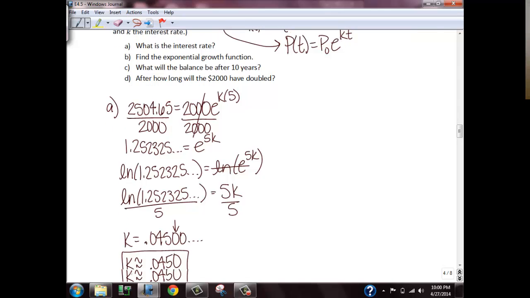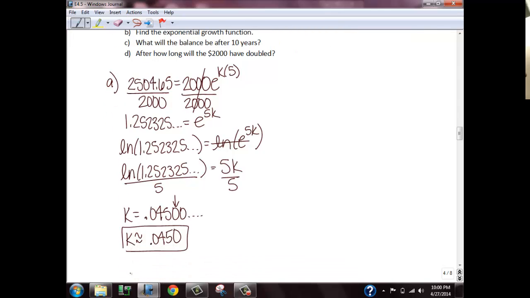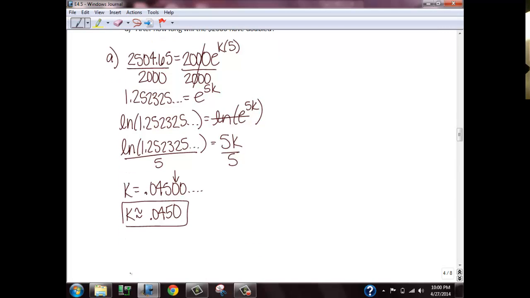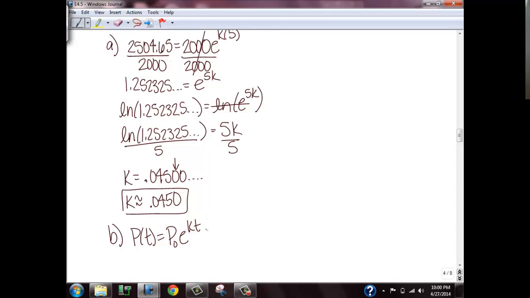So notice for part B, the next thing it asks is find the exponential growth function. So now that I know what my k is, in order to find my function, I use my generic function here, P of t equals P naught e to the kt, and I just plug in my initial amount and my k value. So that means I have P of t, or my investment at time t, is equal to my initial investment, which is 2,000, times e raised to the kt, and we know k is 0.0450t.